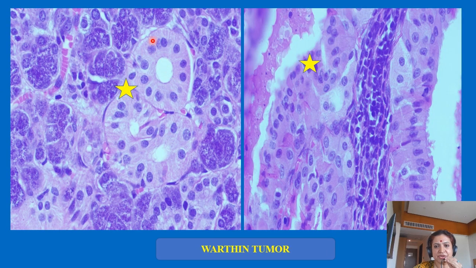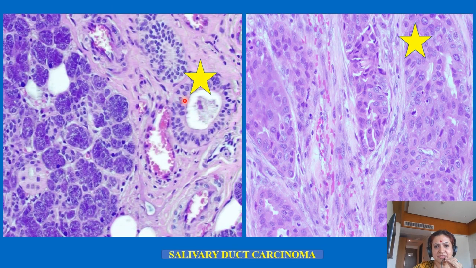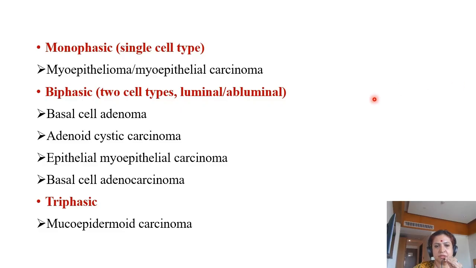This is the striated duct, and this is the Warthin's tumor. You can just see the close resemblance. This is the excretory duct. From there, usually you get high-grade tumors like salivary duct carcinoma. So I have earlier mentioned the phases, that is monophasic, biphasic, and triphasic.